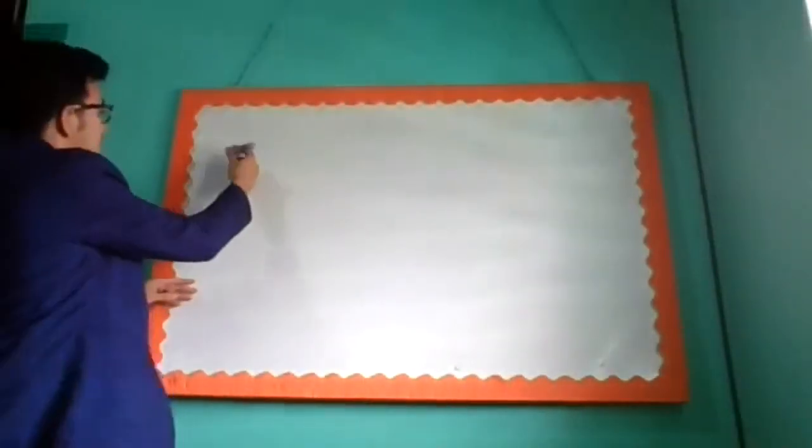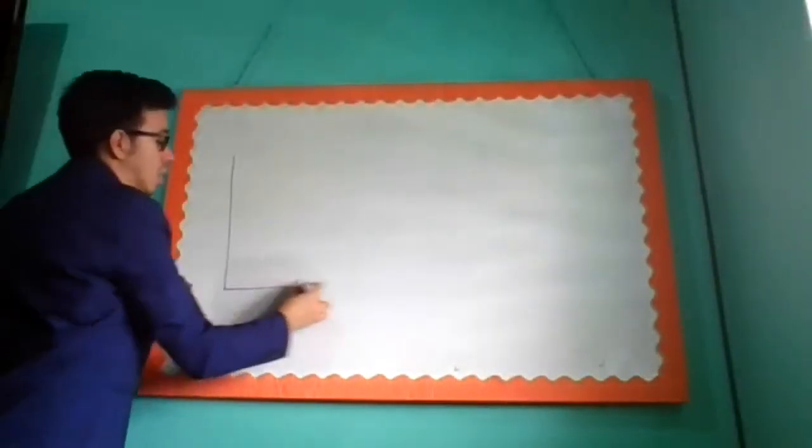In example 3, they are only asking you to recognize whether the graph is a proportional relationship or not. For example, I can write other graphs for you, but it's going to be the same. For this one, you are going to tell me if this is a proportional relationship or not.